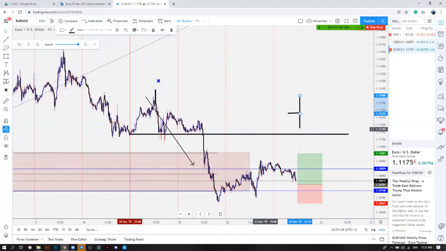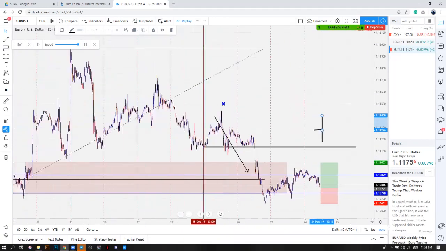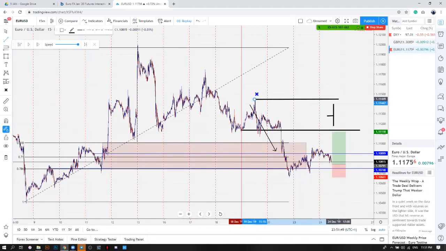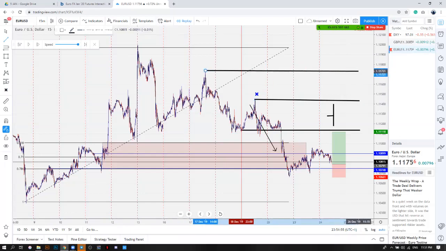It means the market has to close way above Sunday's open price. Having that in mind, your first TP is going to be here, TP1. TP2 would be Monday's high. TP3 is going to be this level. So there you have your TPs.